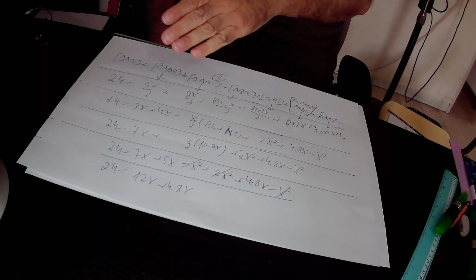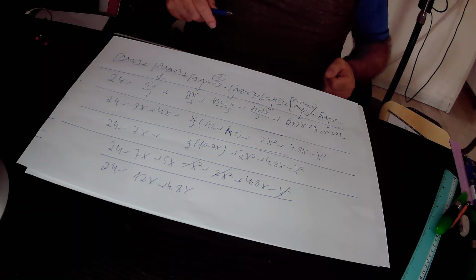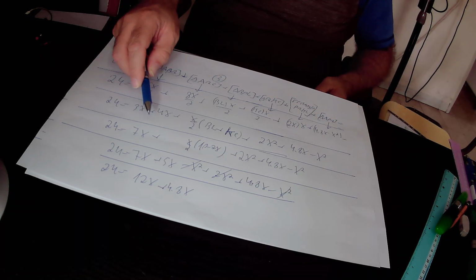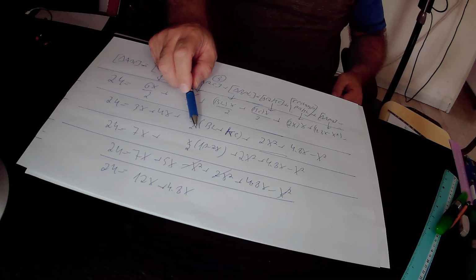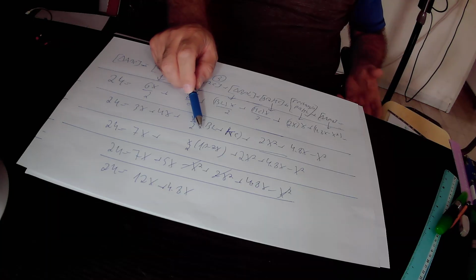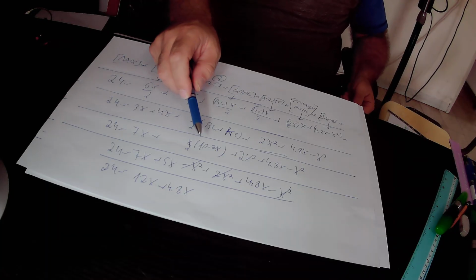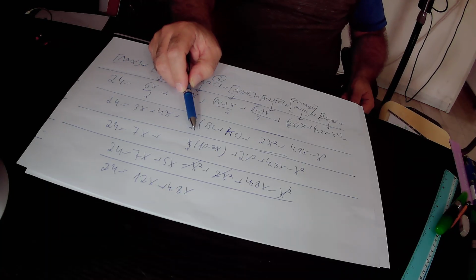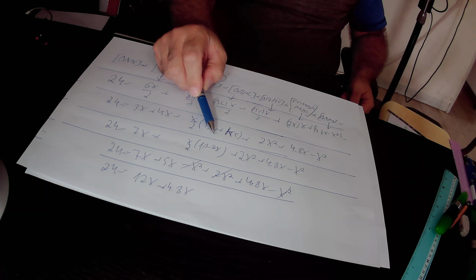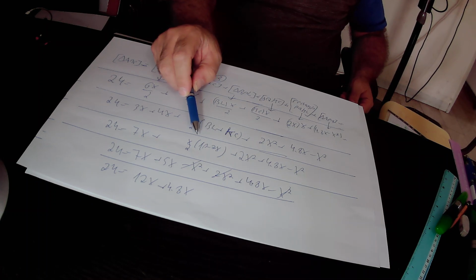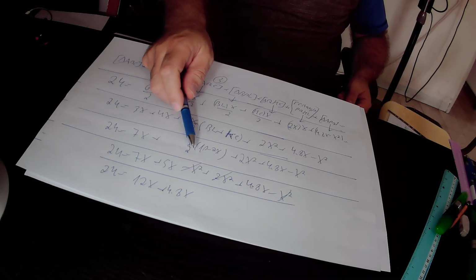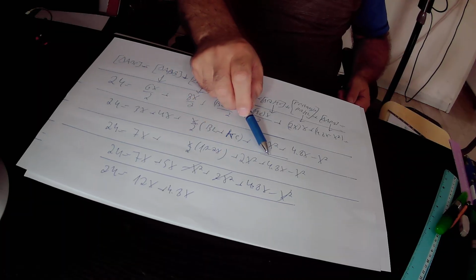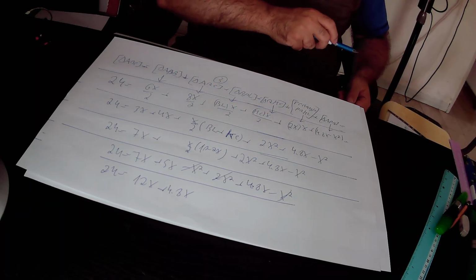Continue to simplify this equation. So we have here 24 equals 7x. Open the brackets here. x over 2 times 10 is 10 over 2 is 5, so in total it is 5x. And we have x over 2 times minus 2x. We have minus 2 over 2 is minus 1, so in total it is minus x squared, plus 2x squared plus 4.8x minus x squared.